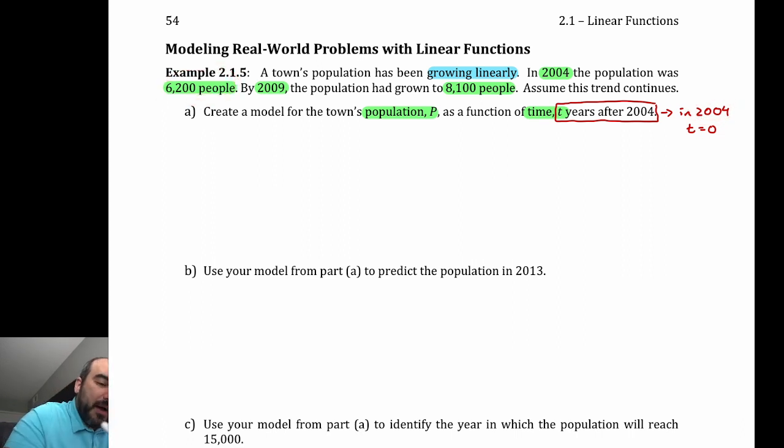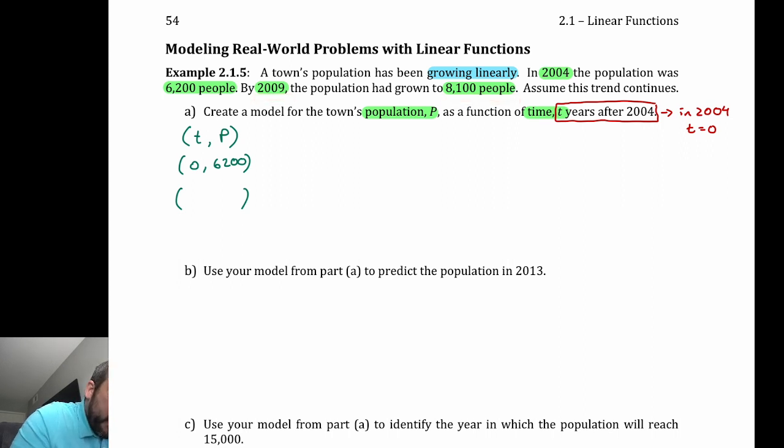So then our pairs of points will be, instead of in 2004 there were 6,200 people, at time 0 there were 6,200 people. So T comma P points are going to be 0 comma 6,200, and then we need another point. How do we get the point from the 2009 8,100?